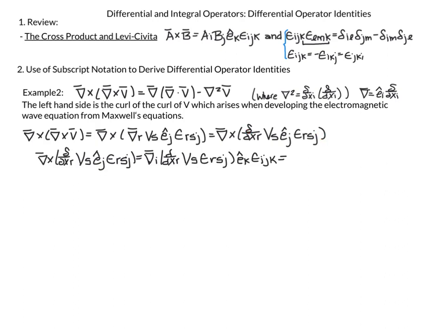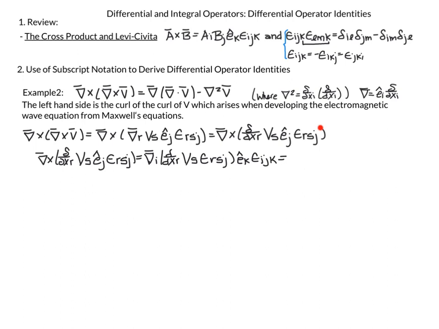To go from here to here, what I'm using is the fact, let me look at this definition of the cross product. This E sub k is going to pick out the kth component of the cross product. And it's reflected in this Levi-Civita because you have A sub i, B sub j, the k tells you what component is being picked out.